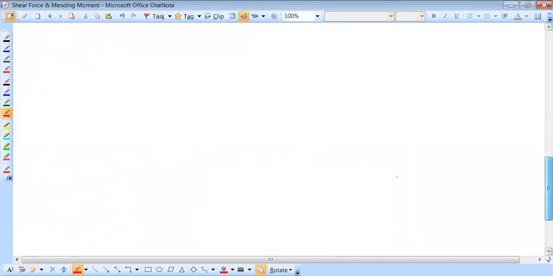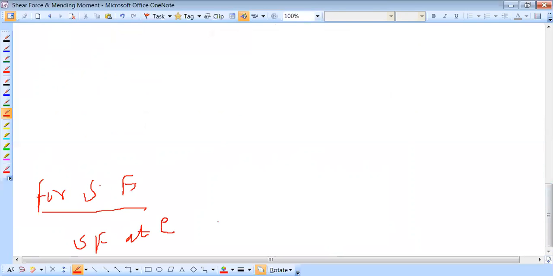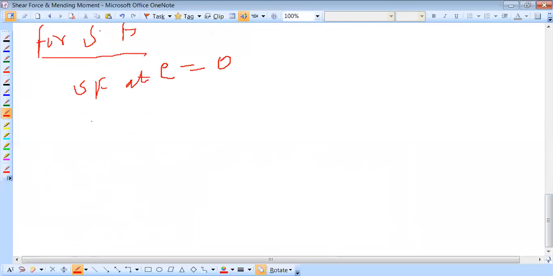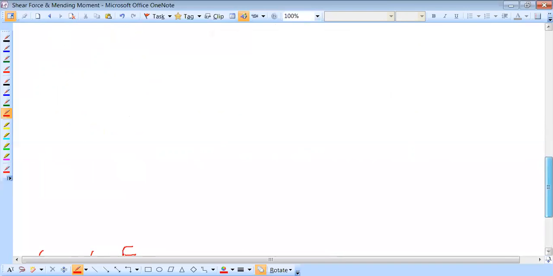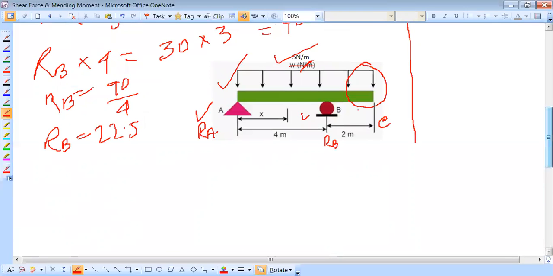SF at C is equal to how much? SF at C is equal to 0. Then find out the SF at B. All our units are force, equal to Newtons. So at B, this portion is the extended part from B, that means 2 meters.